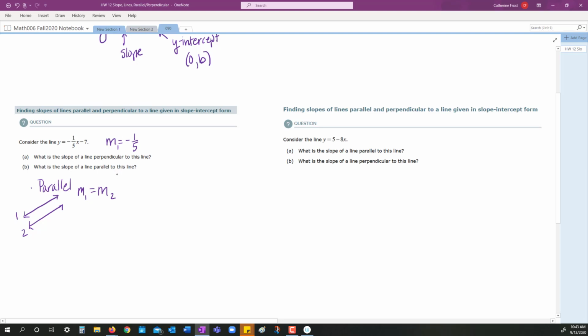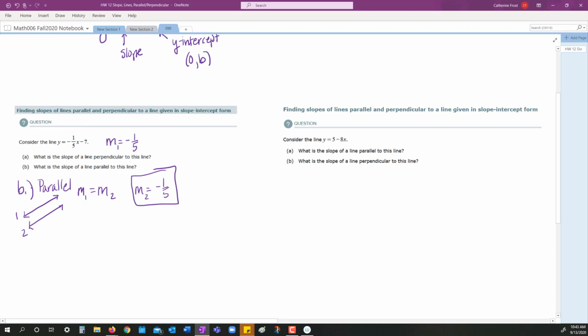So for part b, if we want parallel, the parallel slope is also -1/5. You keep it exactly as is. So m2 equals -1/5. The slope of any line that's parallel to this particular line would have slope -1/5.